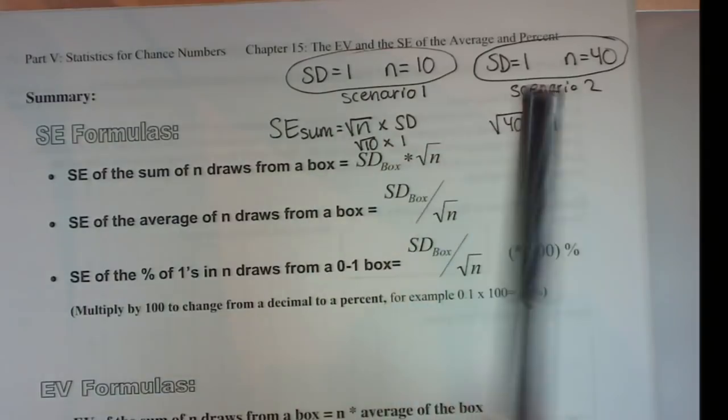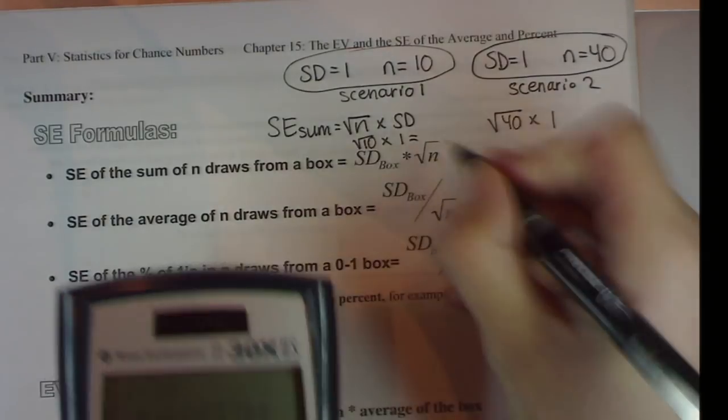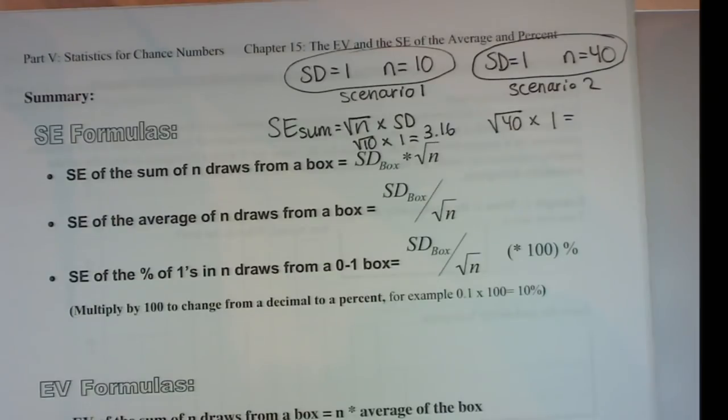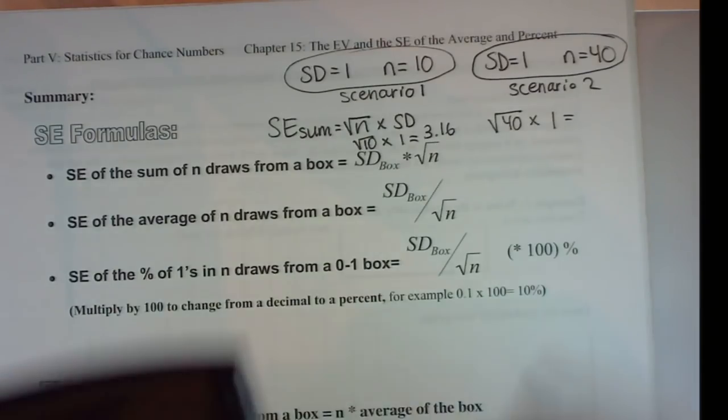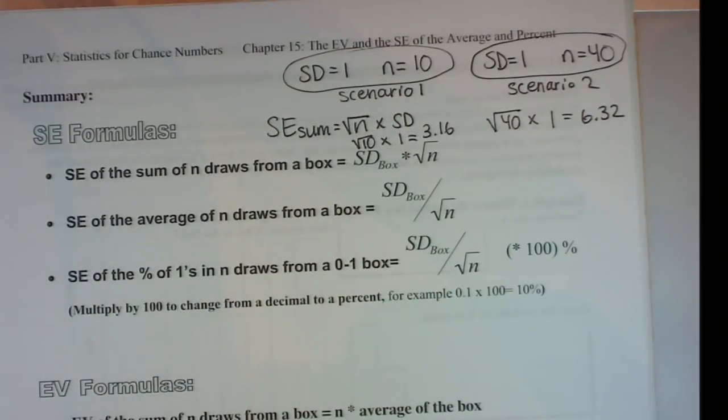So the only thing that's changing is n. This is a bad example because it's going to be a decimal, but the square root of 10 times 1 is 3.16, and then the square root of 40 times 1 is 6.32.